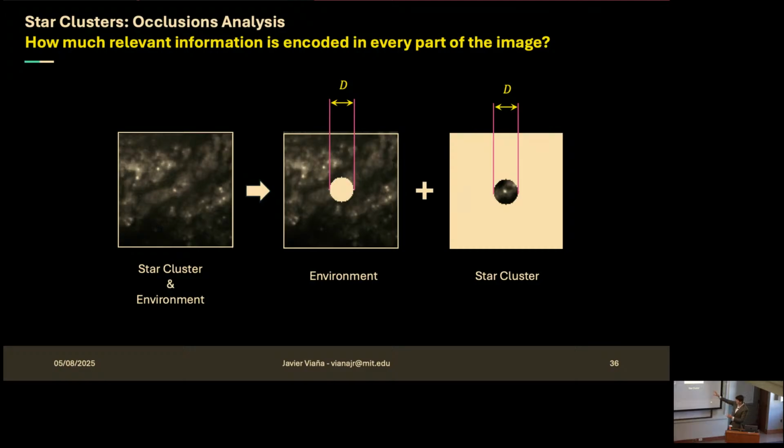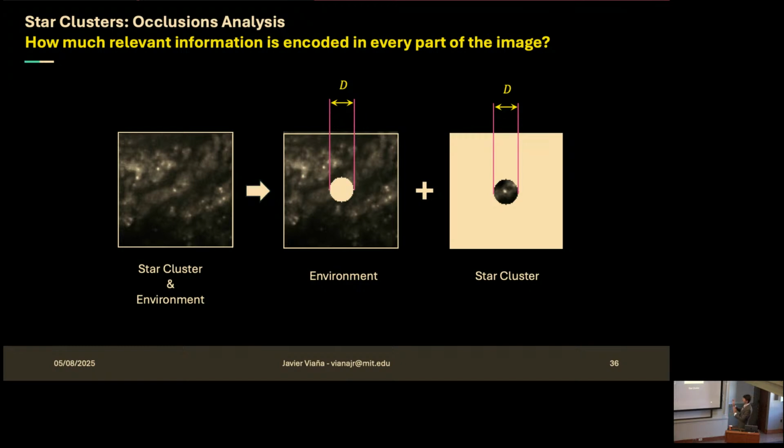Well, you could take the entire image as input as we have it, but you can also take just the environment and put an occlusion in the center. The star cluster, by the way, I didn't mention, is exactly at the center of the image, and it's roughly 12 pixels maximum. It doesn't go past that much more. But if you take a radius like that one, you're covering pretty much all the star clusters of the whole data set.